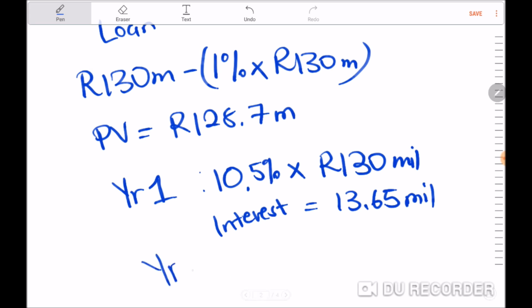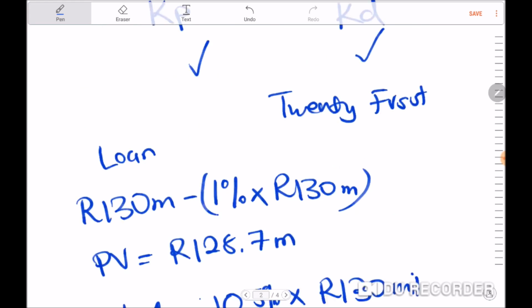Now, as I move forward to year 2, if I'm compounding my interest annually, what do I now need to do? Of the 130 million, how much have I paid back? From the beginning of year 2, I still haven't paid any single cent from the 130 million.